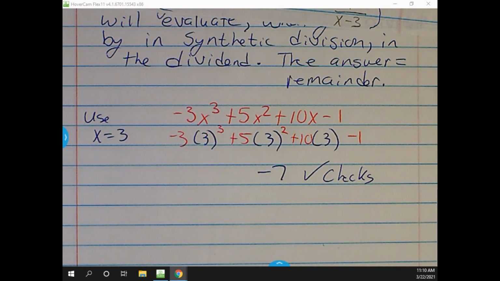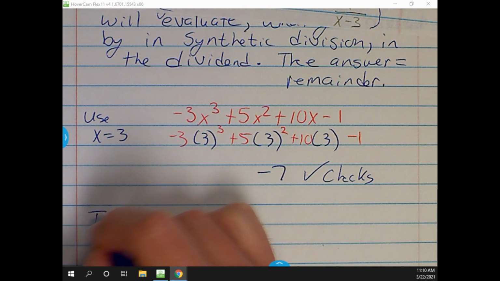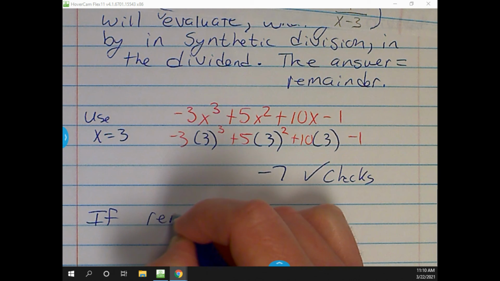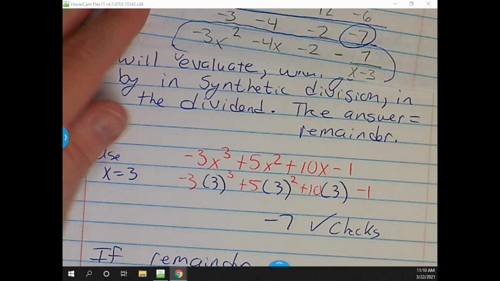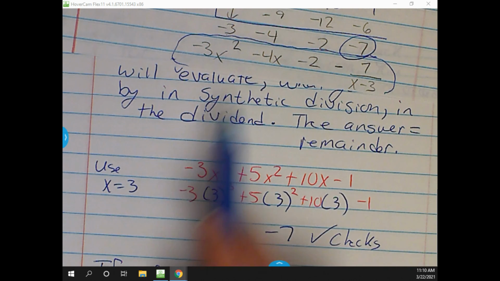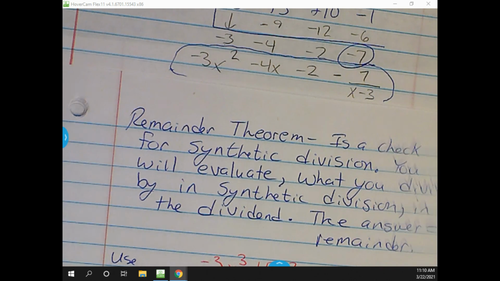All right, now one last thing that we'll throw in here, and then we'll wrap this up for today. Kind of on that same line, let's say that you either do the synthetic division and you get a number here, or you do the remainder theorem and you get some number.